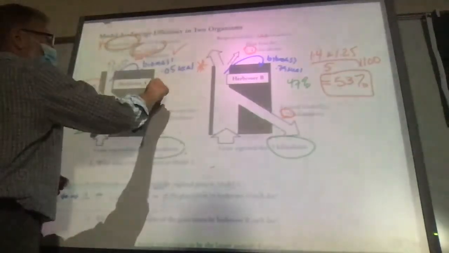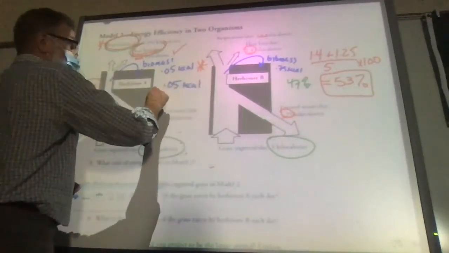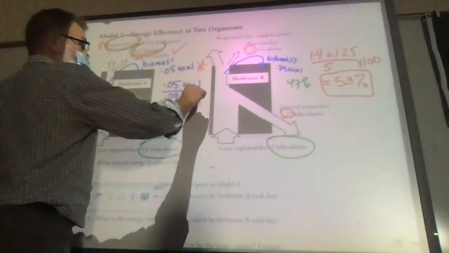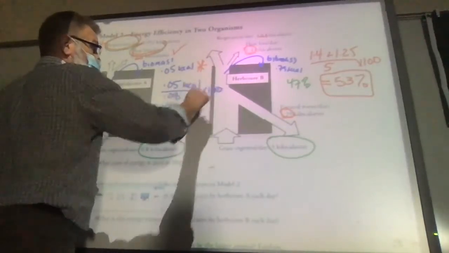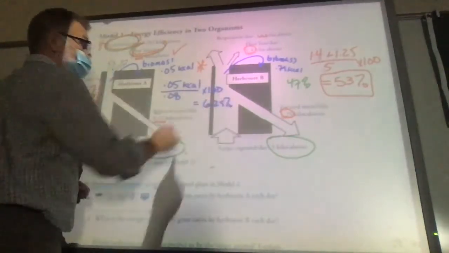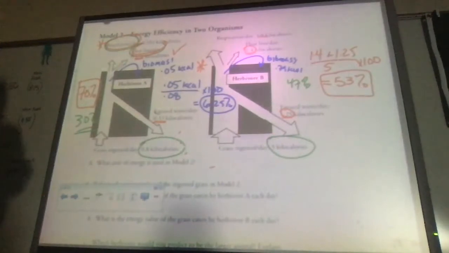So there's 0.05 kilocalories available out of the original 0.08. And then if I multiply that by 100, I can put that into a percent, which comes out to 6.25%. If I'm a carnivore, say I'm a wolf or a coyote, and I eat this herbivore, I'm going to get about 6.25% of the energy that originally came from the grass.